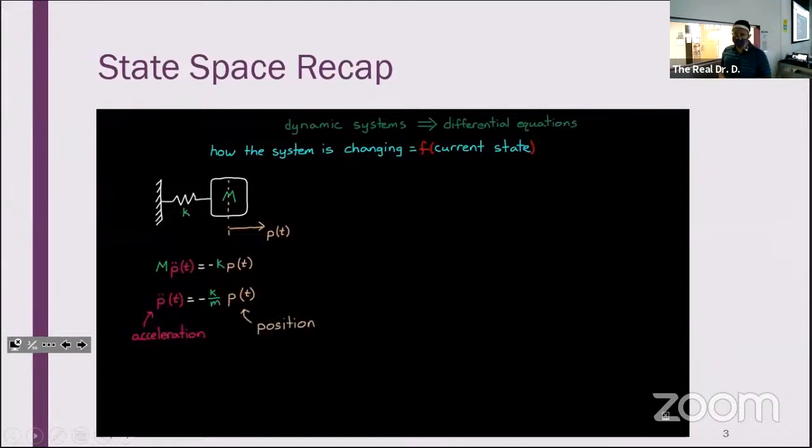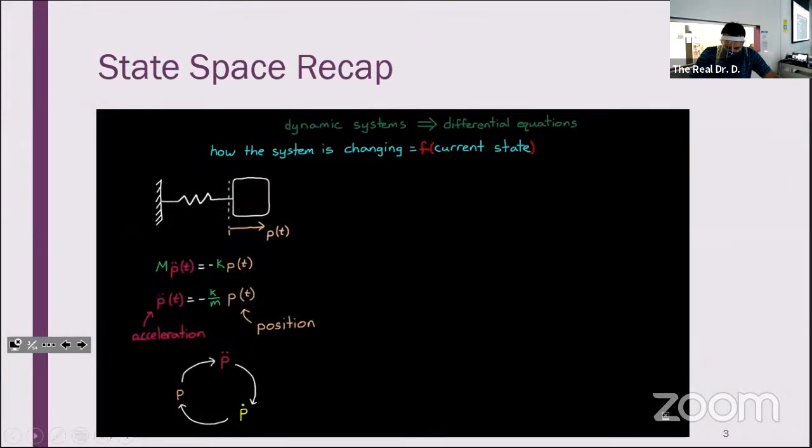If this dynamic system was initialized with some energy, it would continue to move on its own because of this relationship between the derivative of the state and the state itself. Think about initializing the system by stretching the spring and letting it go. Acceleration changes velocity, which changes position, and then that changes acceleration again. And it's going to oscillate back and forth without you having to add any external inputs. Since there's no damping in this system, the energy is conserved, and this acceleration, velocity, position cycle will continue forever.